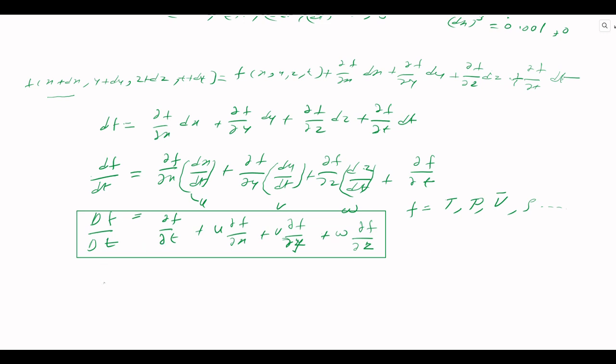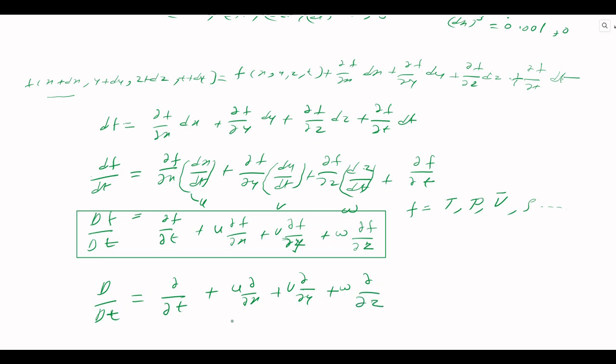So D by Dt equals the partial derivative with respect to t, plus u partial derivative by dx, plus v partial derivative by dy, plus w partial derivative by dz.